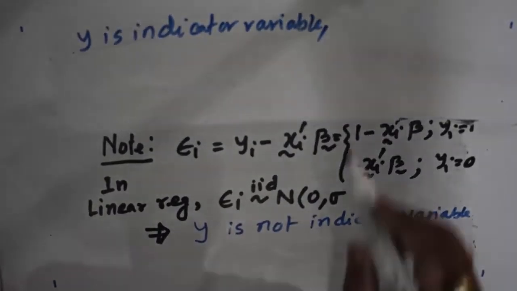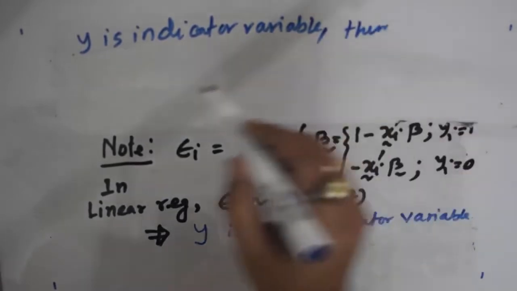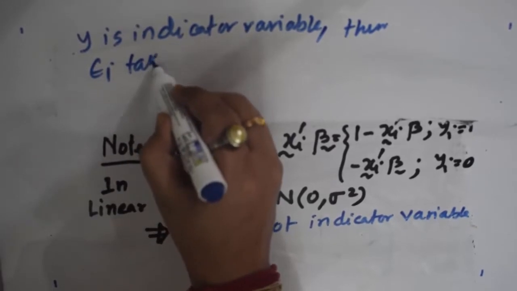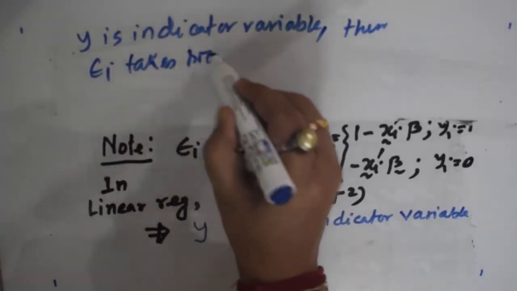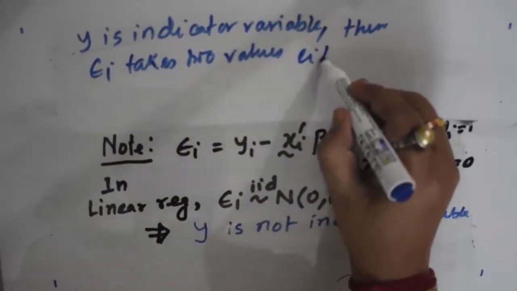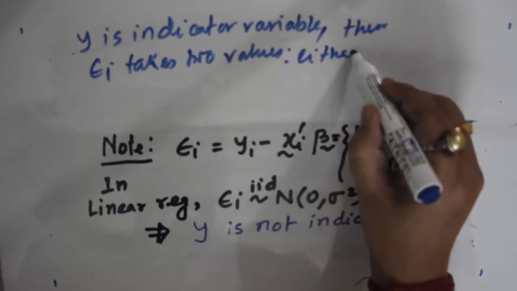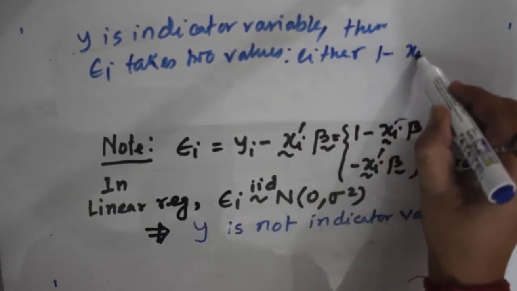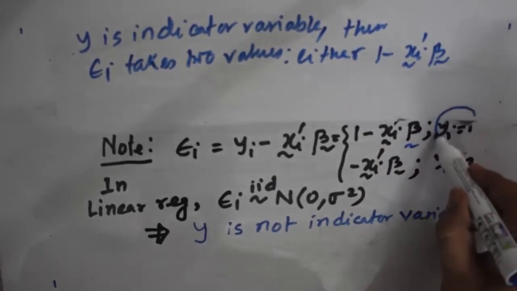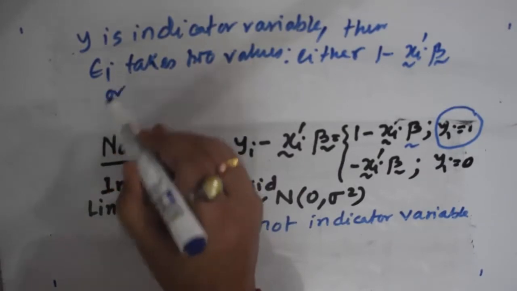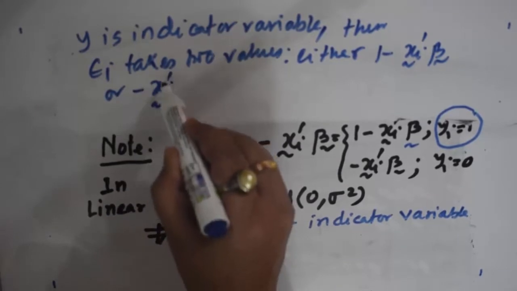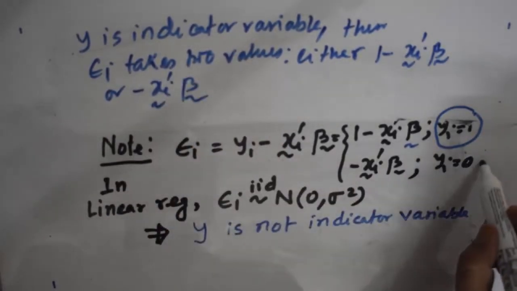then epsilon i takes two values, either one minus xi curl prime beta curl when yi equal to 1, or minus xi curl prime beta curl when yi equal to 0.